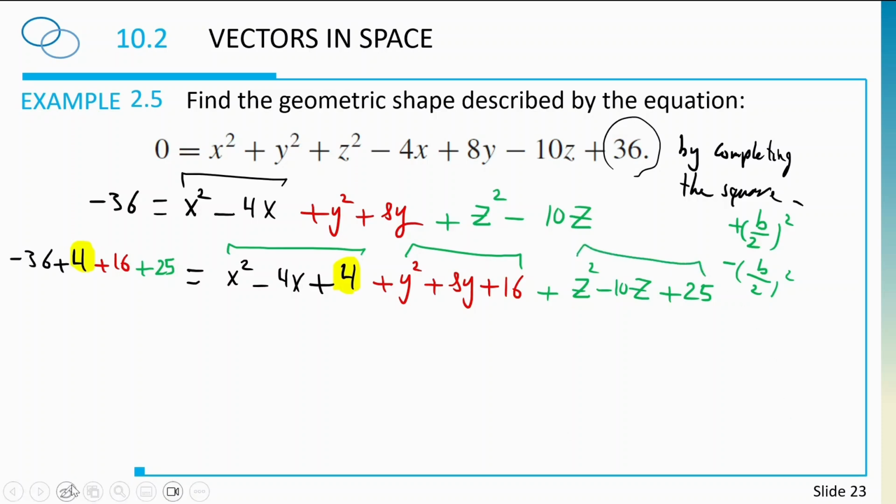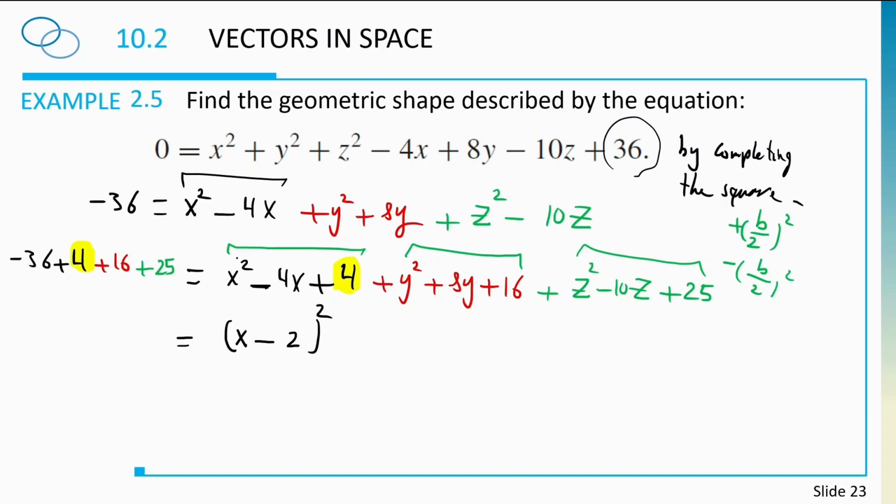How can we write them this way? For x, remember, we take the square root of the first, the square root of the last, and we take the sign always from the middle term, only the sign. It's negative, and this is all squared.